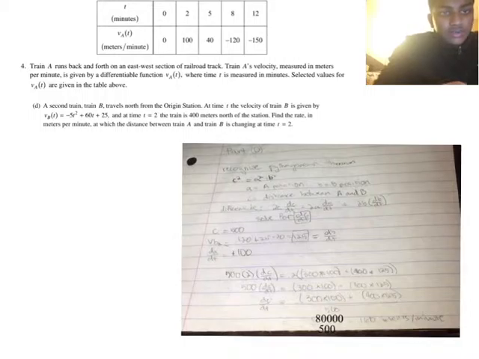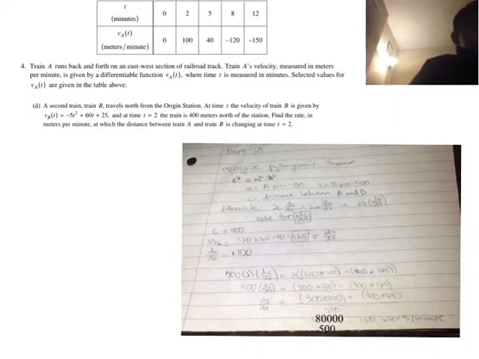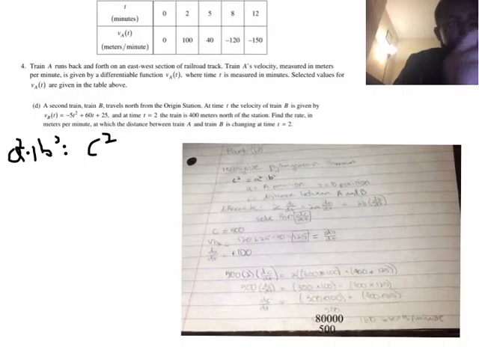Okay, so first we can recognize that this can be modeled using the Pythagorean theorem. If you don't remember, it is a squared plus b squared equals c squared, right? This equation right here.